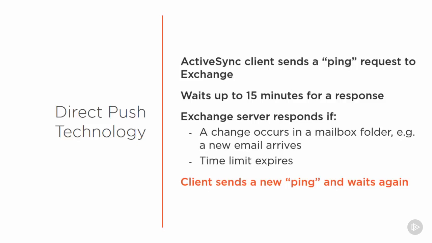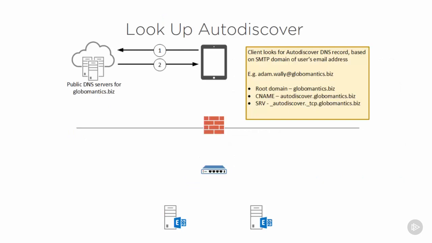But some people don't use direct push. Some people prefer to have their device polling every 15 minutes or every hour. In that case, you won't get that full instantaneous experience of new mail arriving on your device as soon as it hits the mailbox. So let's take a look at how a mobile device will connect.